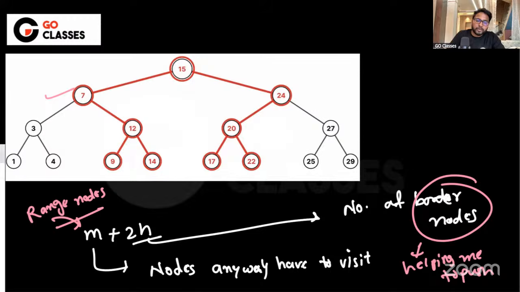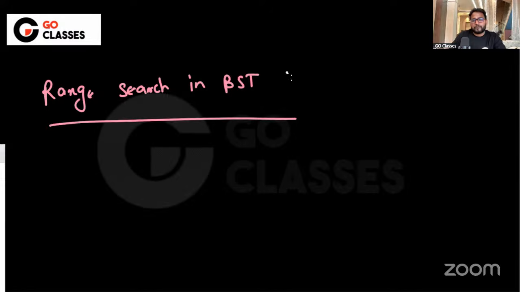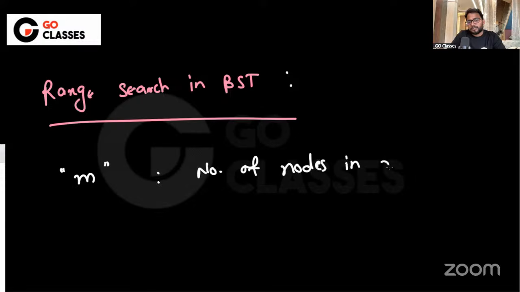Okay, so for the range search in a binary search tree, if m is the number of nodes in range, and n is the total number of nodes.